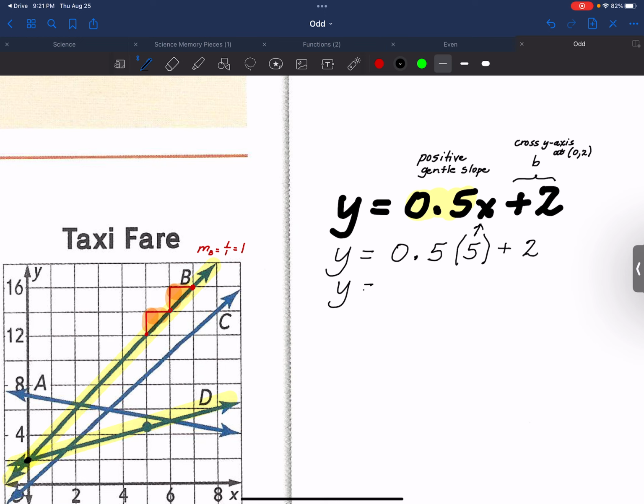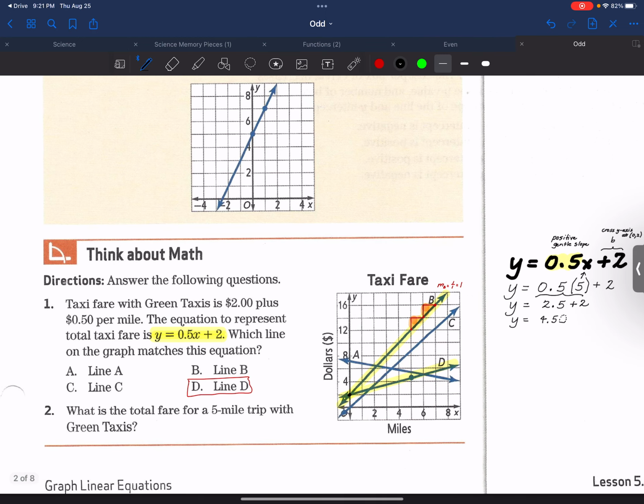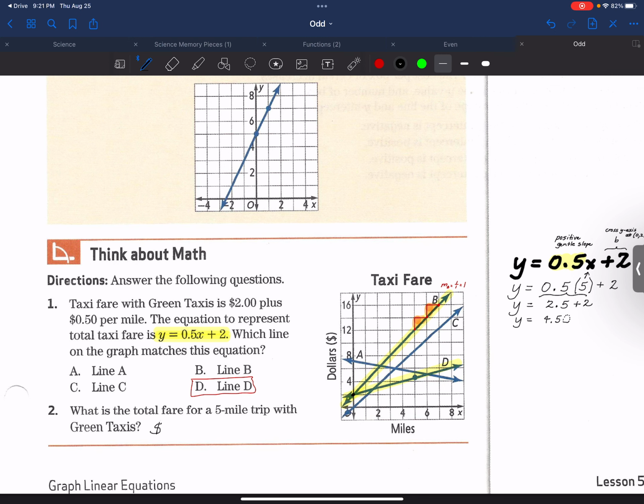So y is going to be 2.5. That's when you multiply this one. Use your calculator if you need it. Plus 2. So the fare, that's what this y represents, the dollars, is $4.50. Okay, so to answer number 2, we just write in $4.50.